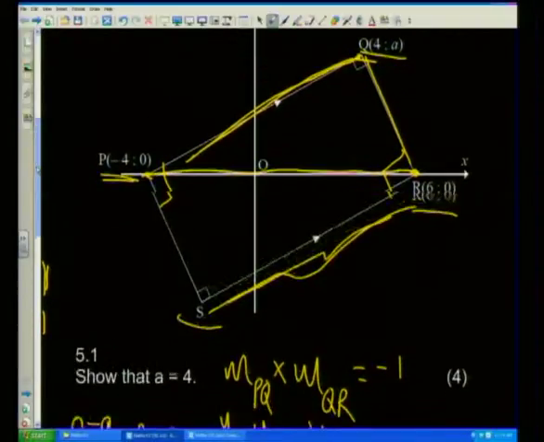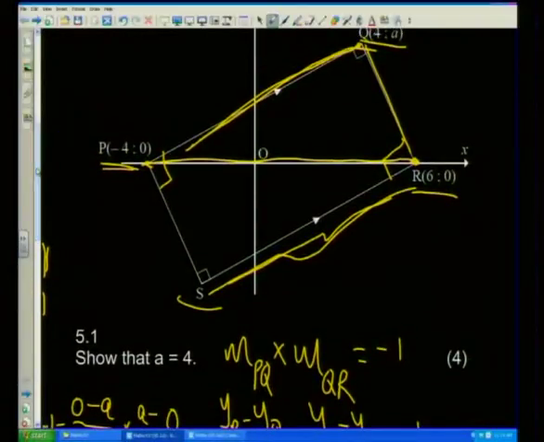The slope of PQ, since we know A now, I'll write it here. It's going to be A, we said it's 4. So it's 4 minus 0 divided by, what is the x-coordinate? The x-coordinate, what did we use here? Yeah, it's also 4.